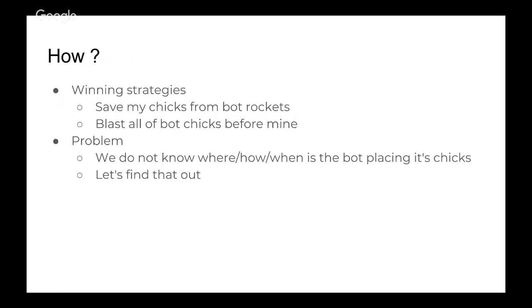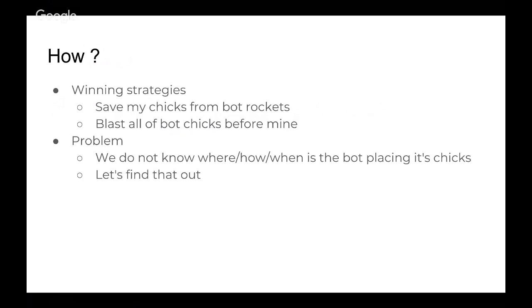There were two strategies that we could come up with. One was to save all of my chicks from bot rockets: figure out where the bot is deciding to place its rockets, and make sure I'm not putting my chick in one of those blocks.